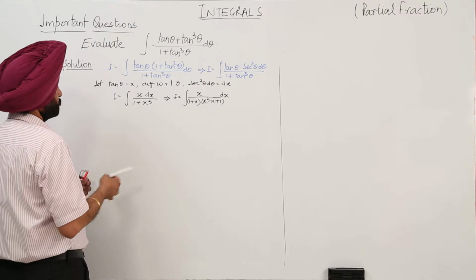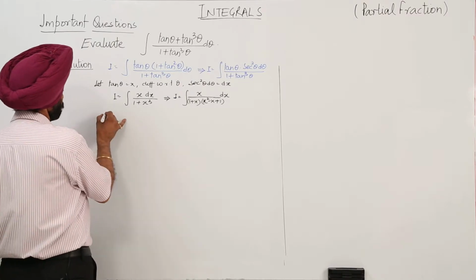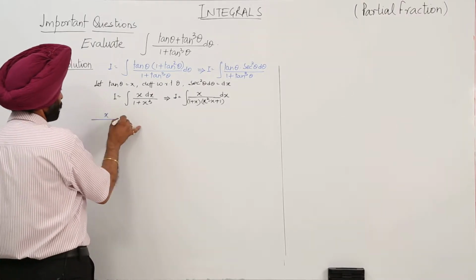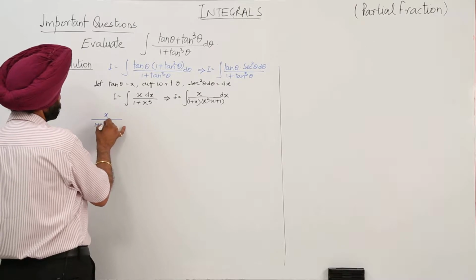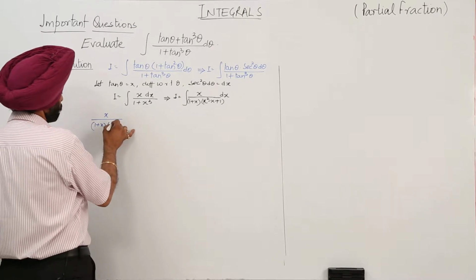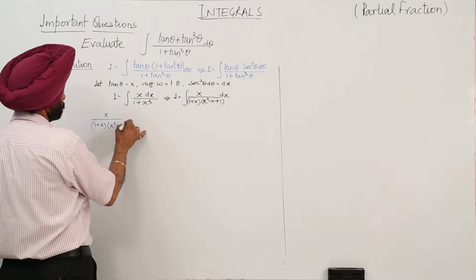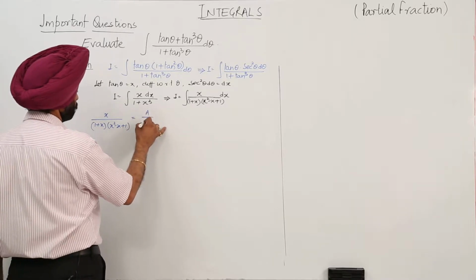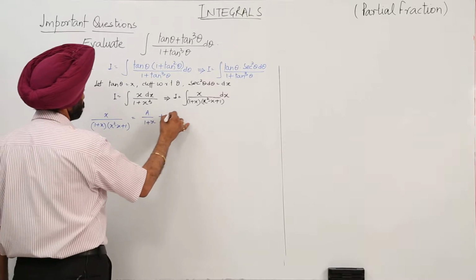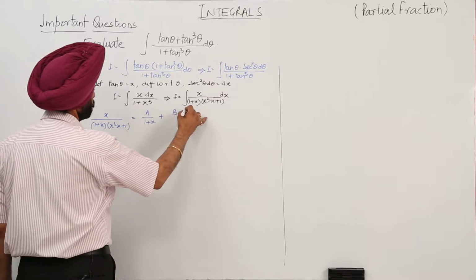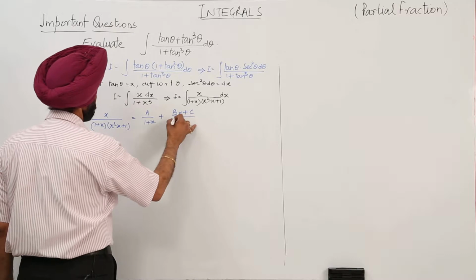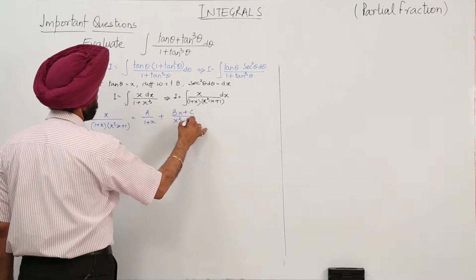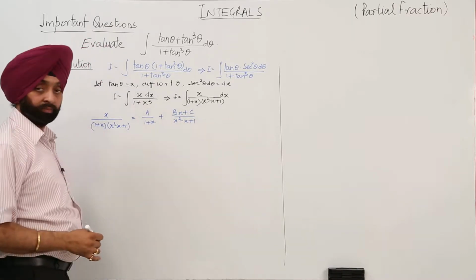Now we have x upon (1 plus x)(x square minus x plus 1) equal to A upon 1 plus x plus (Bx plus C) upon x square minus x plus 1.